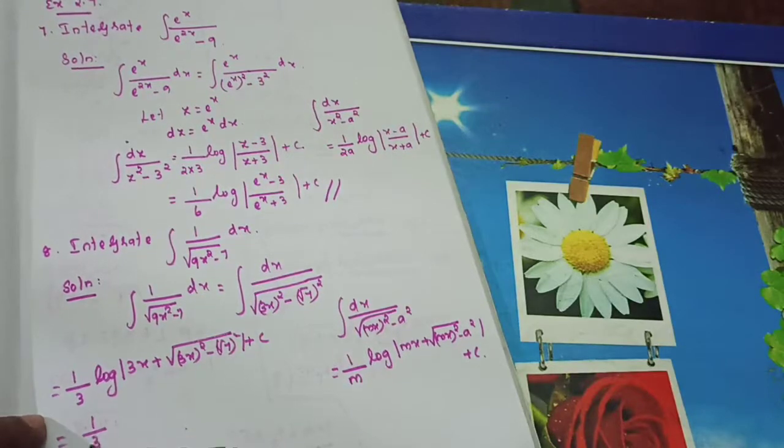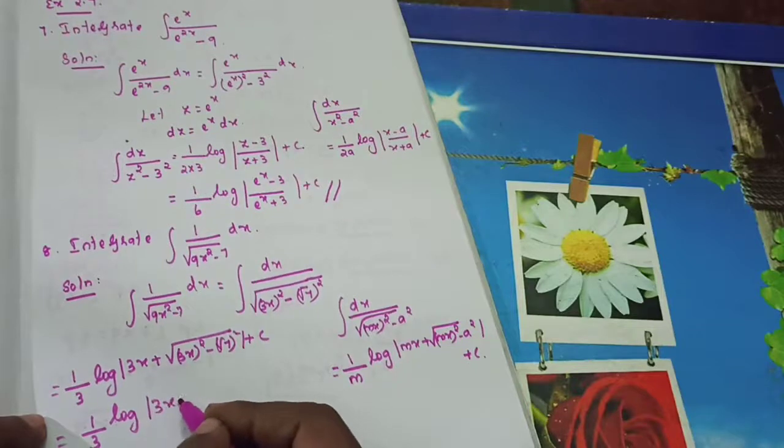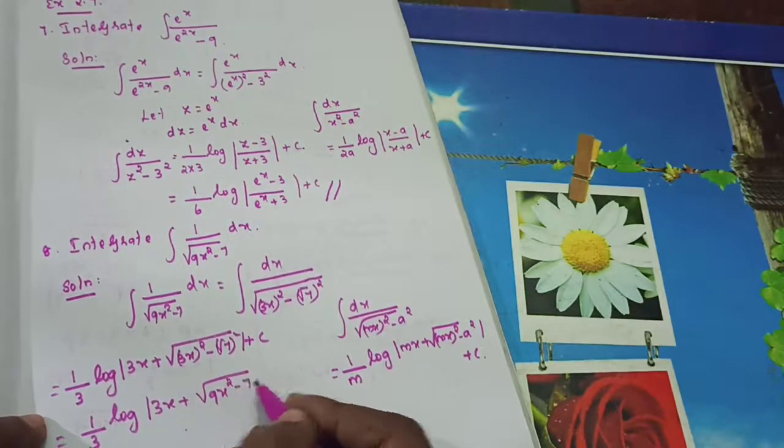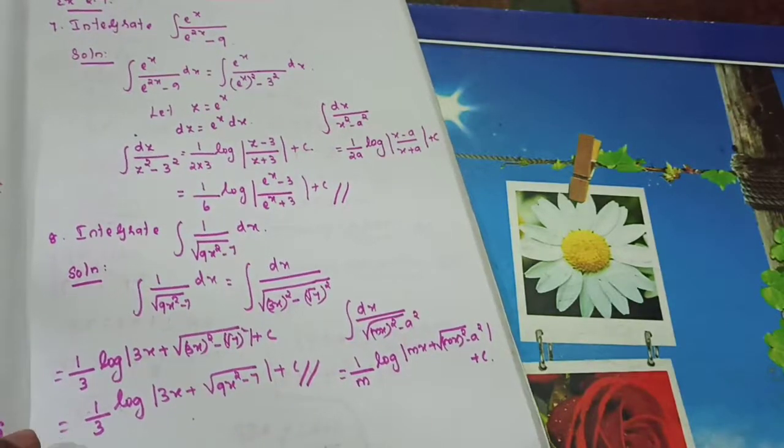That's equal to 1 by 3 into log of modulus of 3x plus square root of 9x square minus 7, plus c. Got it? Understand?